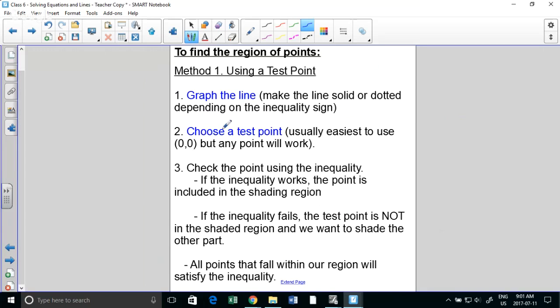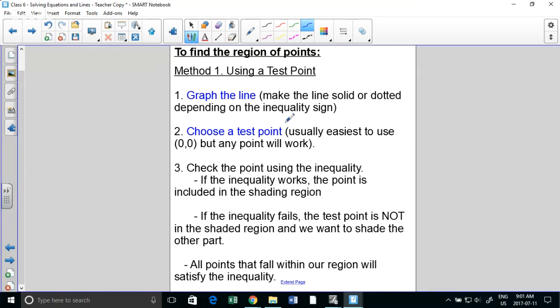You're then going to choose a test point because we've just divided the Cartesian plane into two different regions. We need to know which region is good. So we're going to test a point. Choose 0, 0, that's the easiest one to use. You could choose whatever point you want, but for simplicity's sake, I'm going to choose 0, 0 unless the line passes through 0, 0.